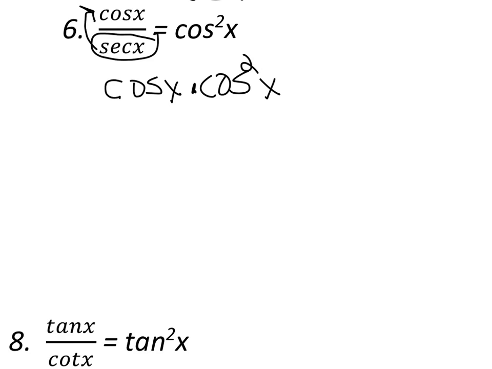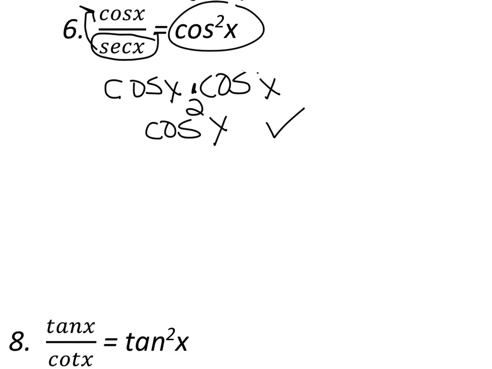Okay, so my denominator is a 1, so I'm not going to bother with, oops, sorry, I'm ahead of myself here. I'm going to erase that. Okay, so I brought up a cosine, I already had a cosine, so when I multiply those two together, that becomes cosine squared, which is exactly what I was looking for. And we're done. Now remember, these are pretty easy. We're easing our way into how these identities work.